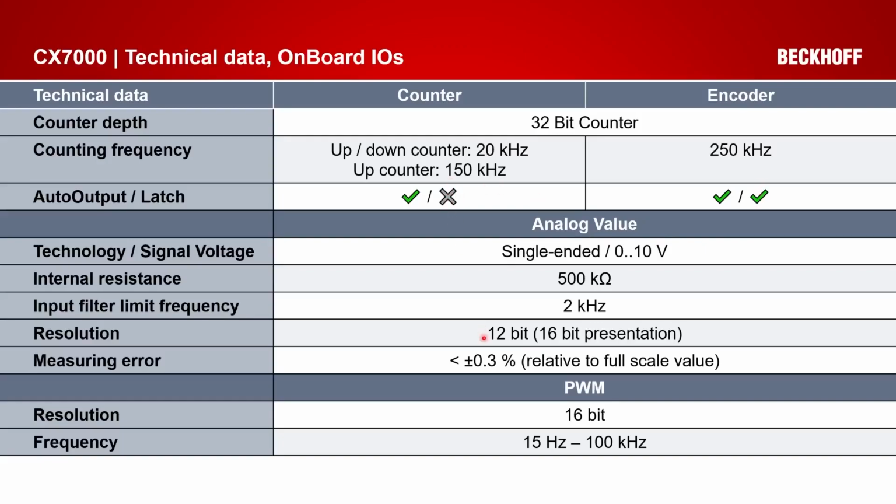The analog inputs measure a voltage of 0 to 10 volts in a resolution of 12-bit, and the measurement results will be presented in 16-bit. In the PWM mode, a PWM signal between 15 Hz and 100 kHz can be output via two 16-bit values.